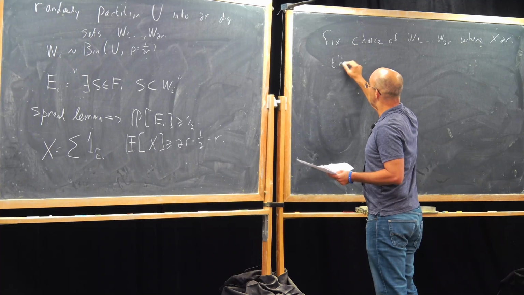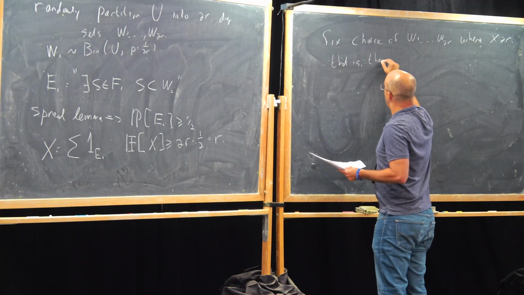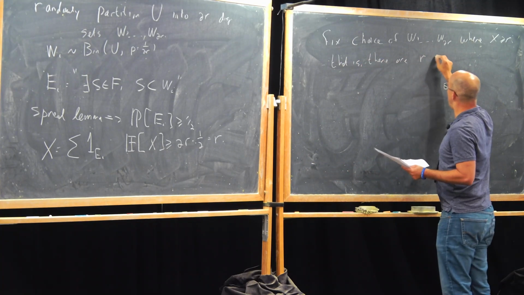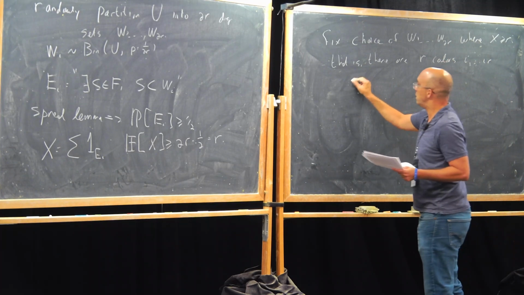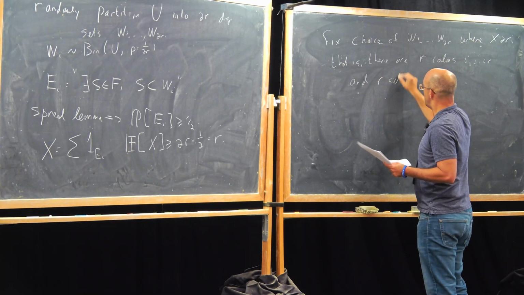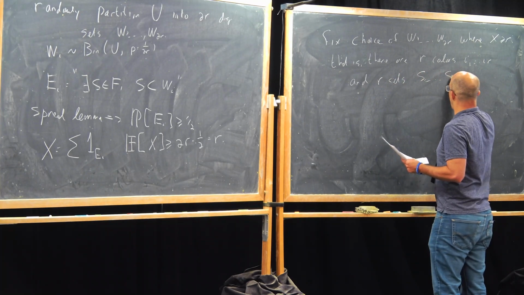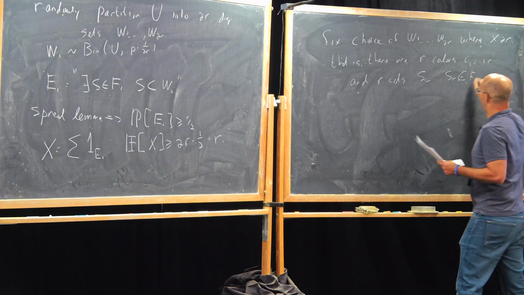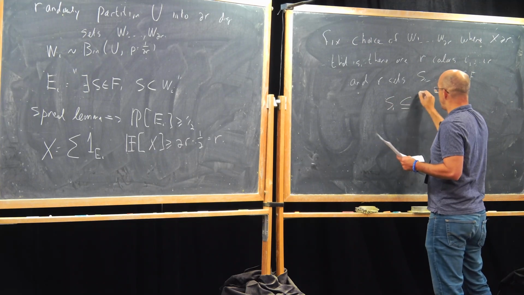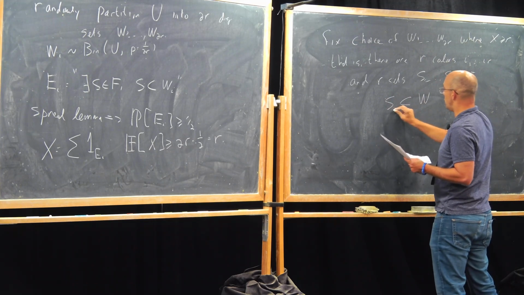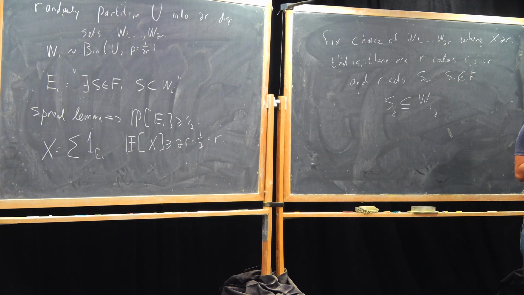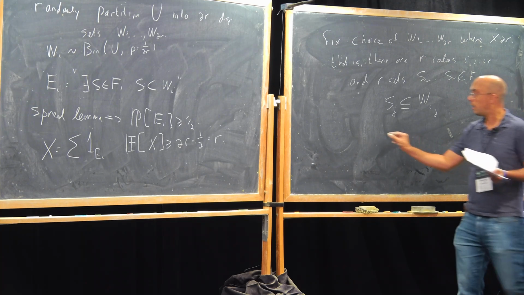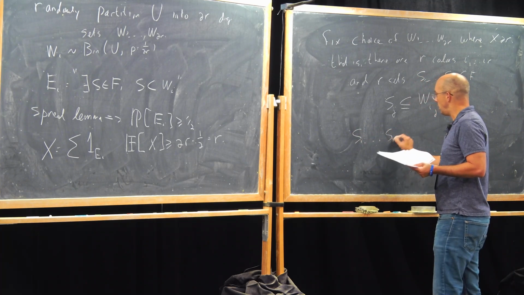That is, there are R colors, i1 up to iR, and R sets, S1 up to SR in the family, where Sj is completely inside W of ij. So the set j is getting the jth color. But if this is a partition, so if two sets get different colors, they have to be disjoint. So this means that S1 up to SR are disjoint.